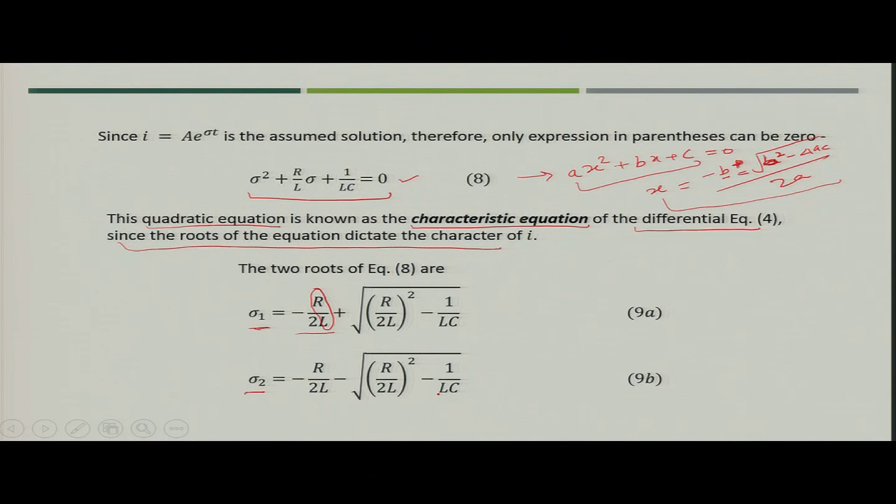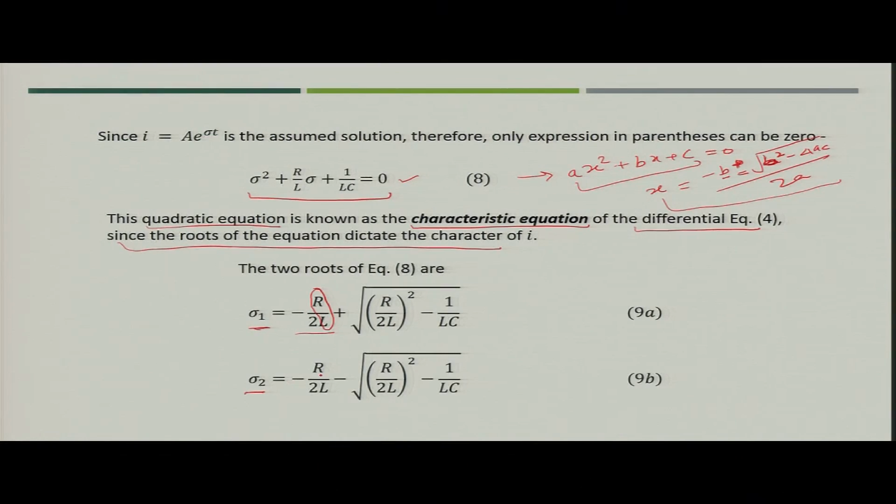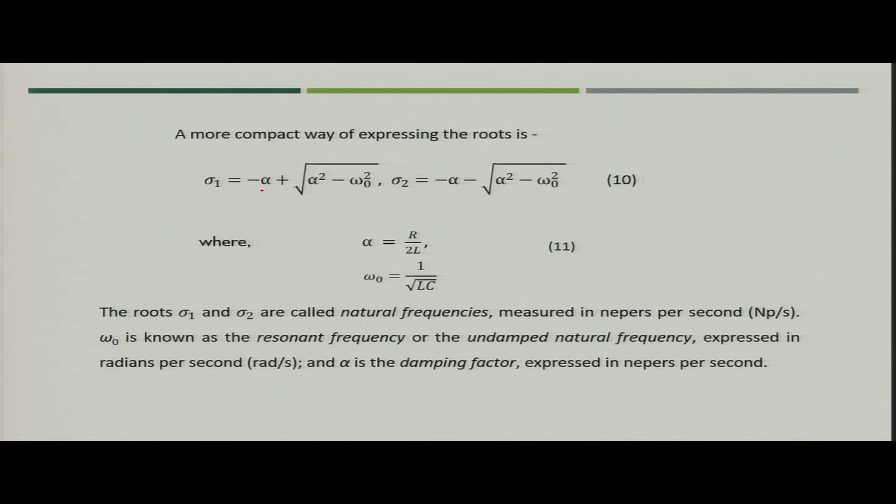Now you have these two roots in your hand, then you can represent them in a more compact manner. How will you represent? Let us say that alpha is R by 2L and omega naught is 1 upon root LC.